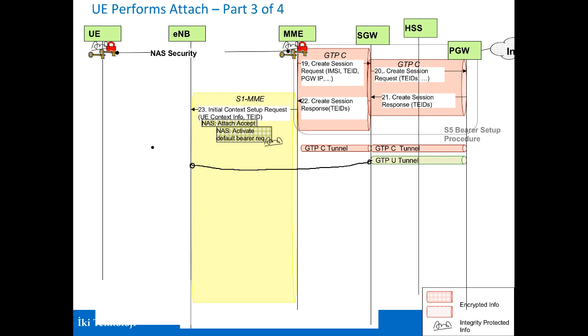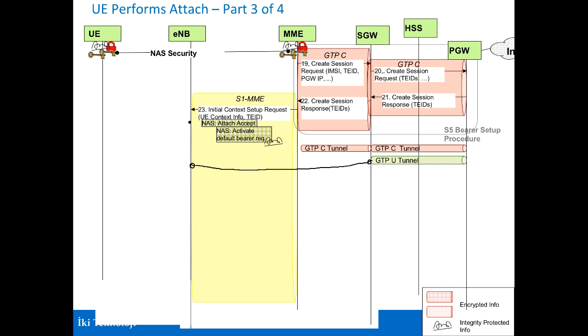We had the signaling bearers which had been set up, or at least one signaling bearer, and we had the NAS security which has been set up. So with this initial context setup request, this is the information telling the E-Node B, go ahead and really start communicating with this mobile. He has been authorized, he has been authenticated, now give him a data radio bearer.